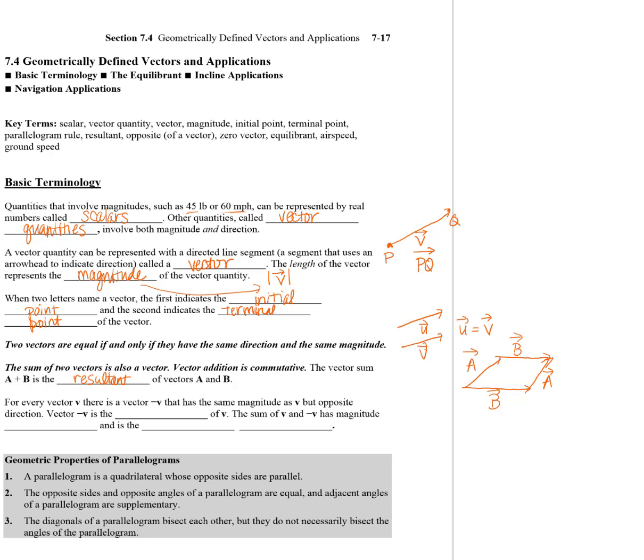This should be a parallelogram. If we add vector A and vector B, what you do is you just put the initial point of B at the terminal point of A. Then we have this final vector going from the initial point of A to the terminal point of B. And this vector is the sum vector.